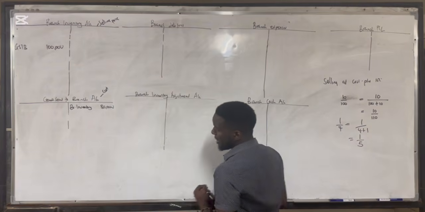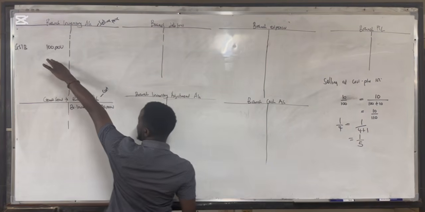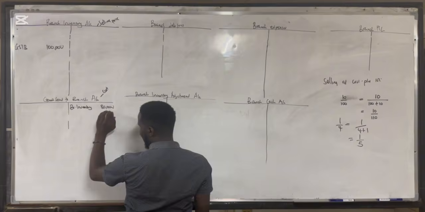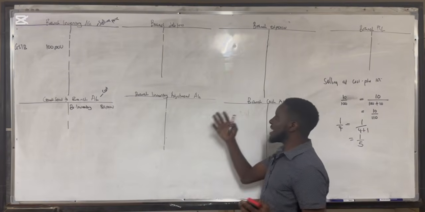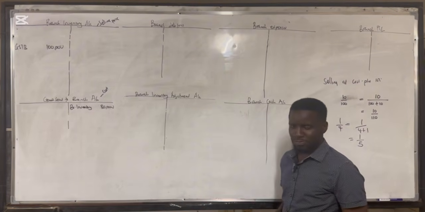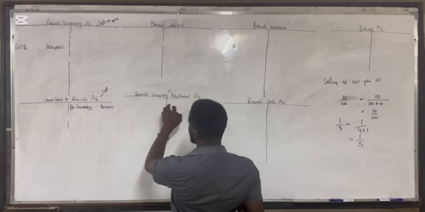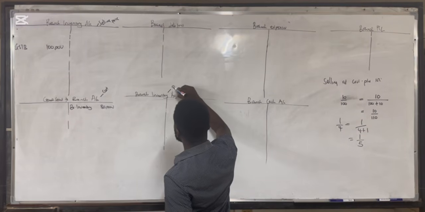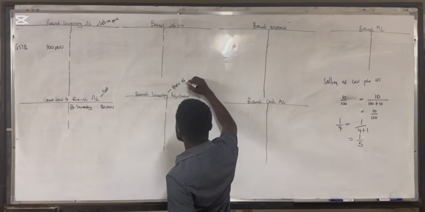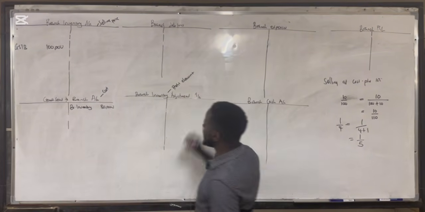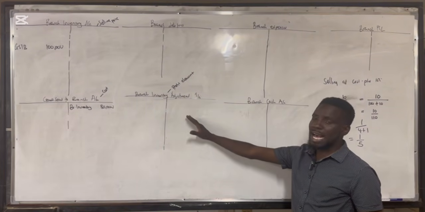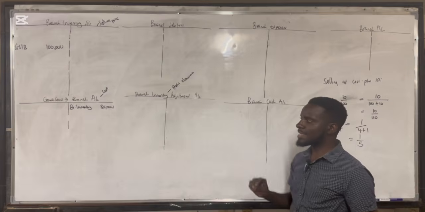For example, in this scenario we have recorded 100,000, which is the selling price, and 80,000 being the cost. So where does that 20,000 go? The 20,000 goes to the branch inventory adjustment account, which only records the profit element.